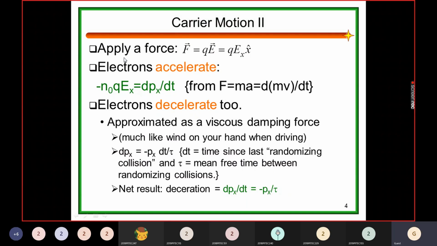So again dpx divided by dt will be defined by using the formula minus px divided by tau. Since it is exactly opposite to that of the acceleration movement, we are getting minus px divided by tau.